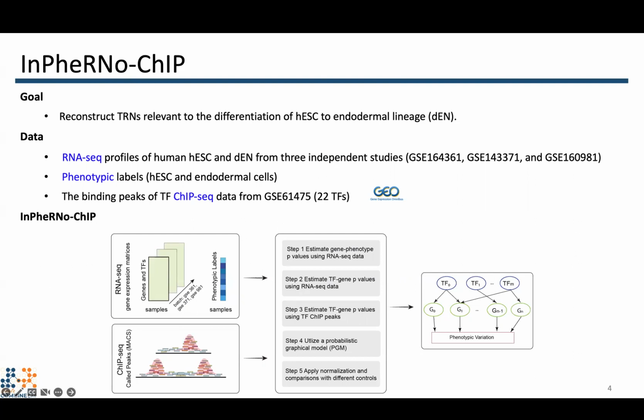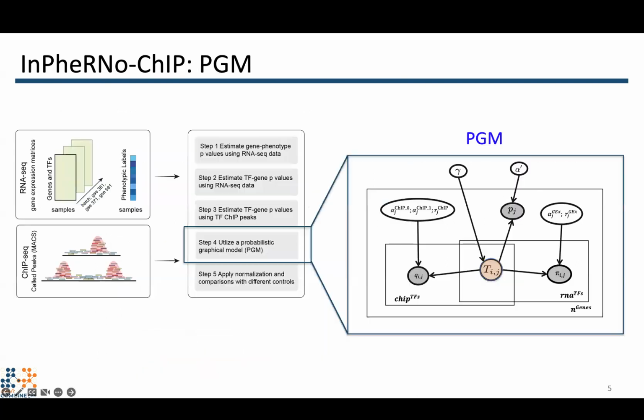Those p-values are then fed into step 4 of InPheRNo-ChIP, which is a carefully designed PGM to model the conditional distribution of those summary statistics and generate an initial bipartite graph. As the last step, we perform several normalization steps and comparison with different controls to identify TF-gene relationships that are associated with the differentiation process.